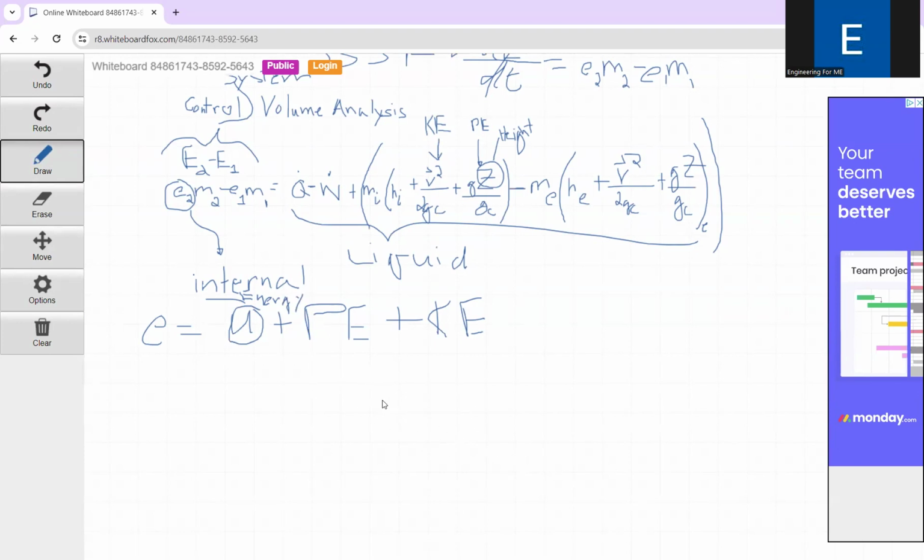But the way I like to look at it best, you're probably wondering, what is potential energy and kinetic energy? How is this different from this? Say your system has M initial and then M out. Say the system is rising in the air for some reason. That change is your potential energy.